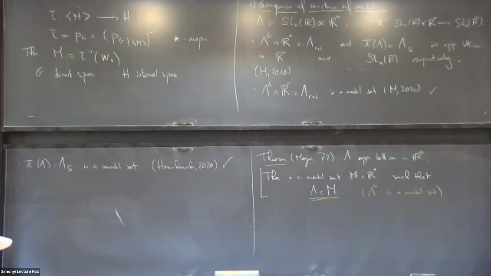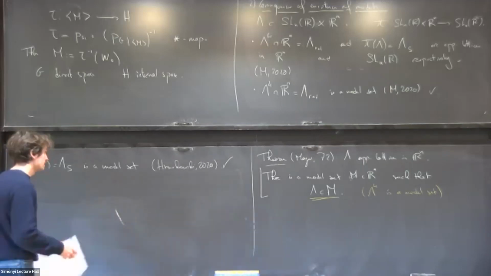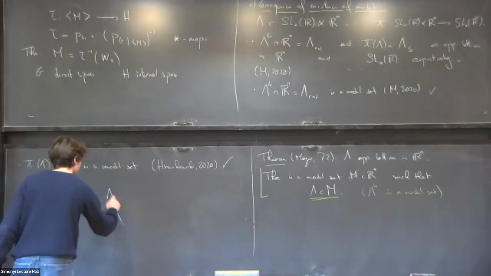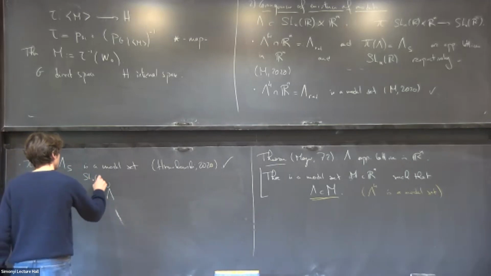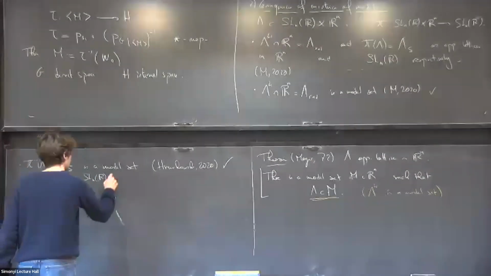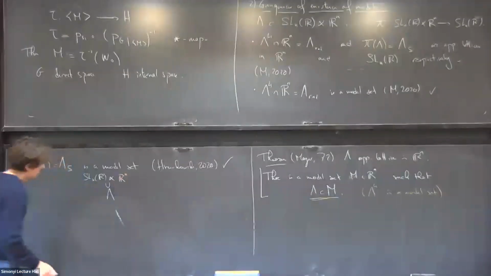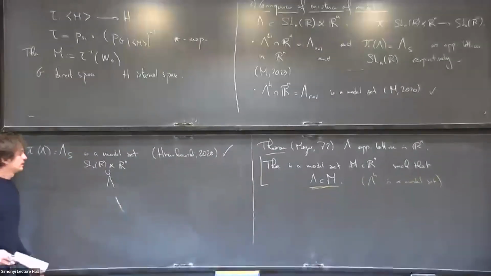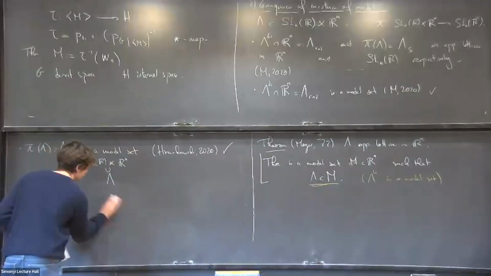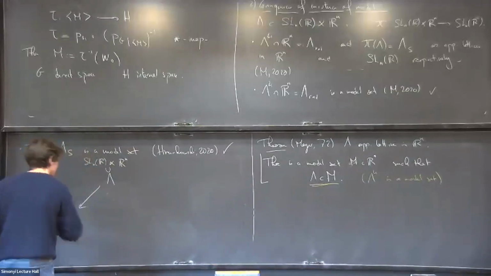Okay, so what we have managed to do is essentially we have our lambda in this group, and we have decomposed it into two smaller approximate lattices that we understand.